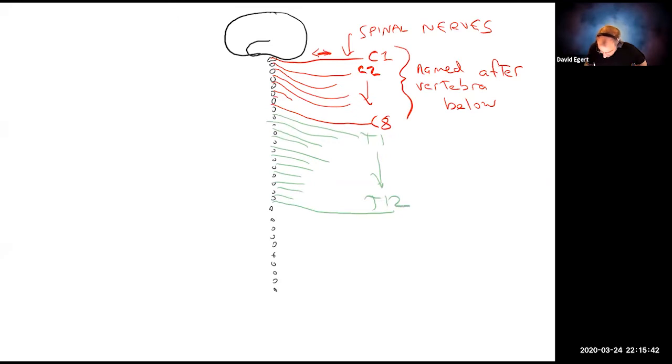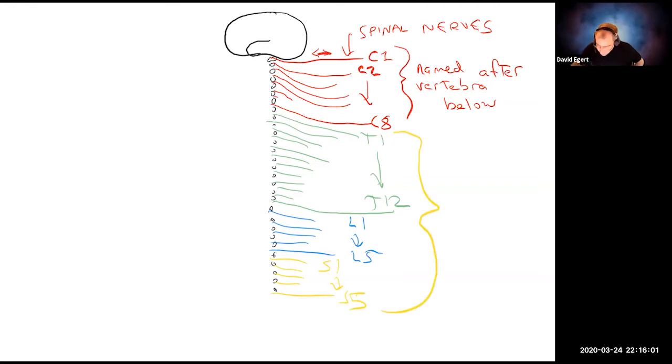Then we have L1 through L5. And then we have S1 through S5. And all of these are named after the vertebra above.